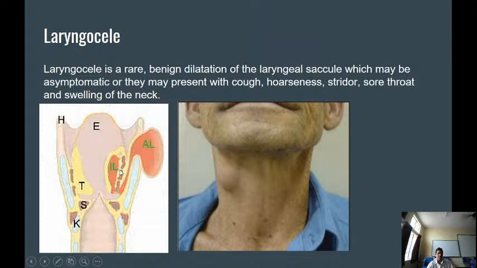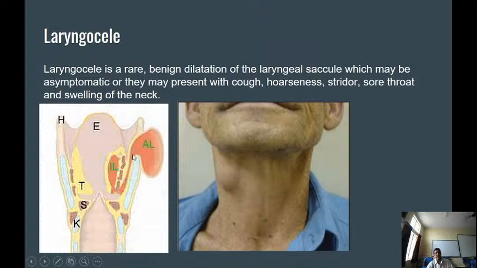So that is a weak spot, and the pressure may be transmitted and the mucosa may extend into the neck region, which is called the external laryngocele. This is called the internal laryngocele, which is totally restricted to the inside of the larynx, and endoscopically you will see a bulge in the larynx, in the vestibule.